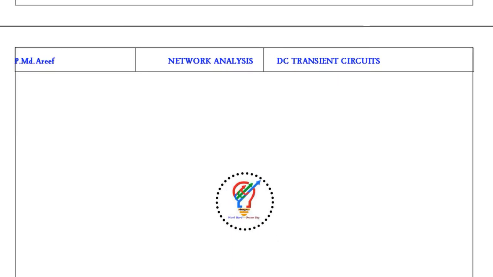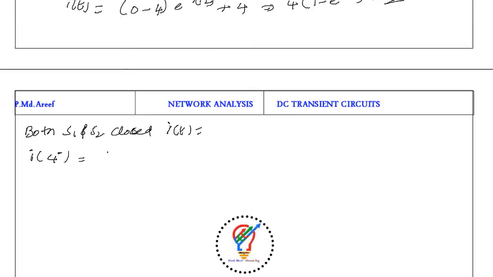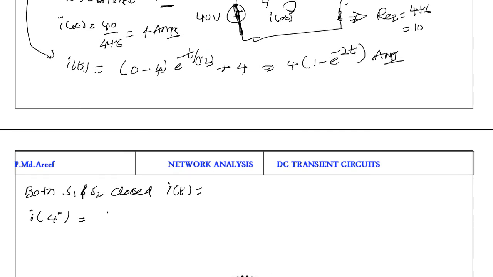That is when both S1 and S2 are closed. When both S1 and S2 are closed, what will be the current? Before closing the switches, what is I of 0 minus, the current flowing through the inductor? We just now derived a formula, I of t is equal to 4 into 1 minus e power minus 2t.